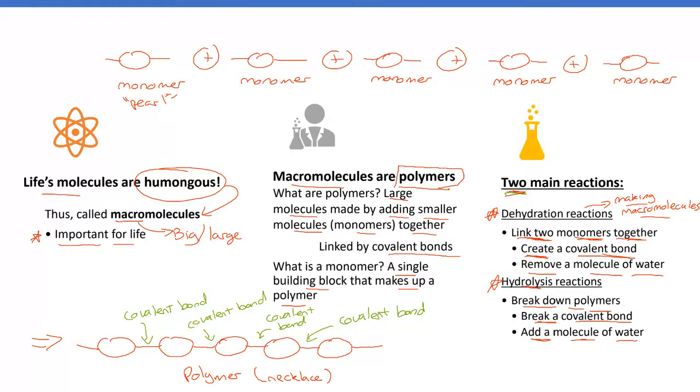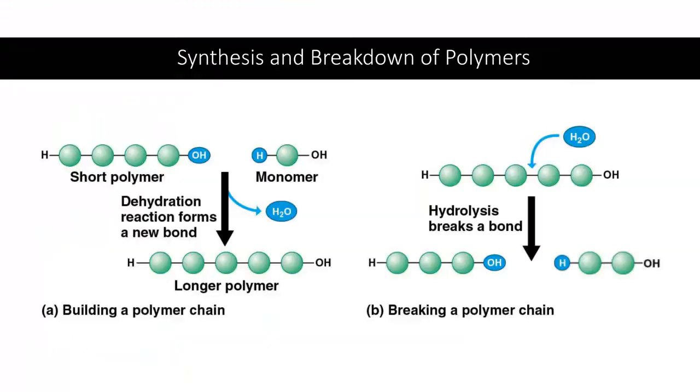Now let's look at a picture of what these reactions look like. This is a dehydration and hydrolysis reaction. In this case, the dehydration reaction. If it's dehydration, we are producing water.